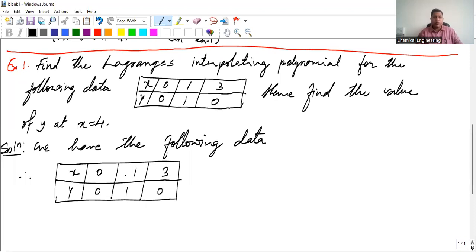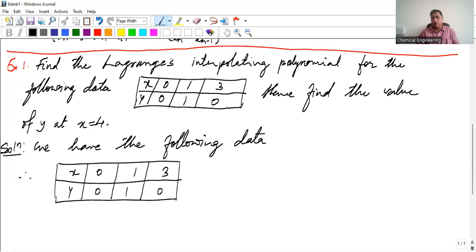Here we can see that these values of x are not equally spaced. From 0 to 1 the difference is 1, from 1 to 3 the difference is 2, and we have to find the value at x equal to 4, so from 3 to 4 the difference is 1. So they are not equally spaced.